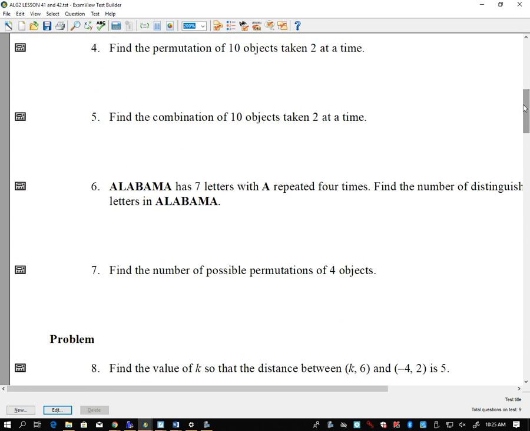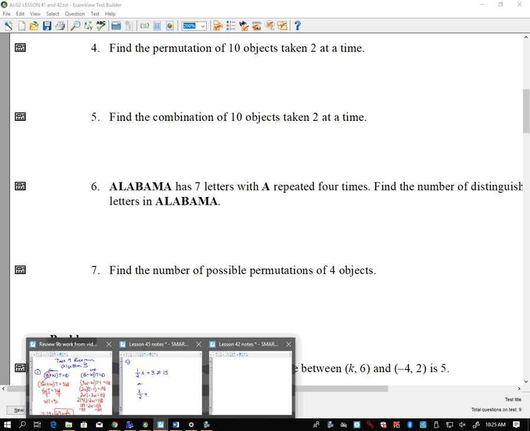All right, permutation of 10 objects taken 2 at a time. Okay? Now, remember, permutations is my number factorial over my number minus how many we're taking at a time, factorial. So I'm going to write down what? You look at this, we'll write down what you're going to put on your page.